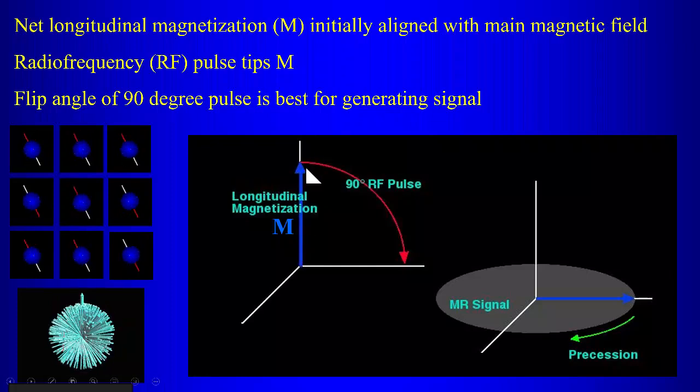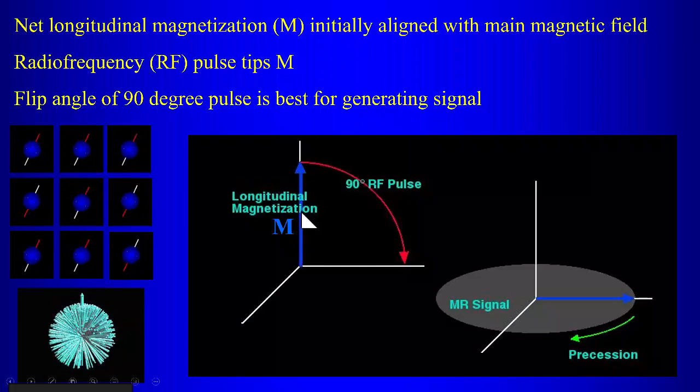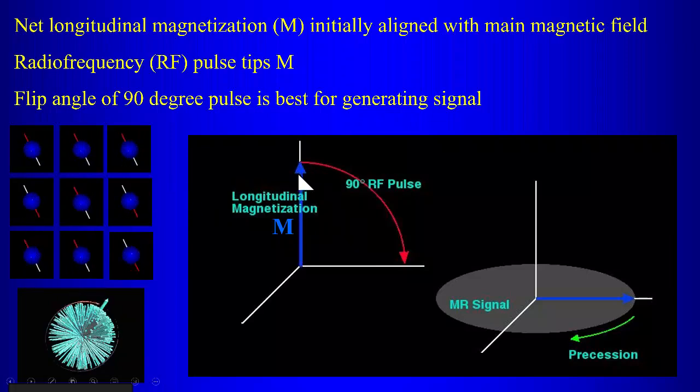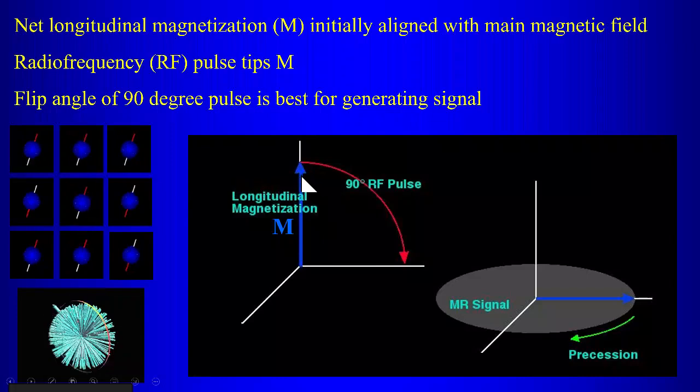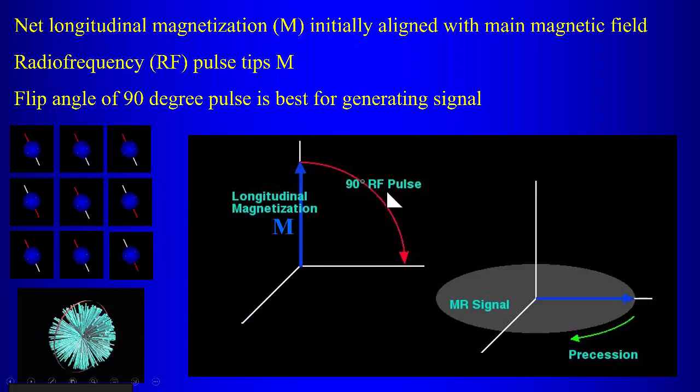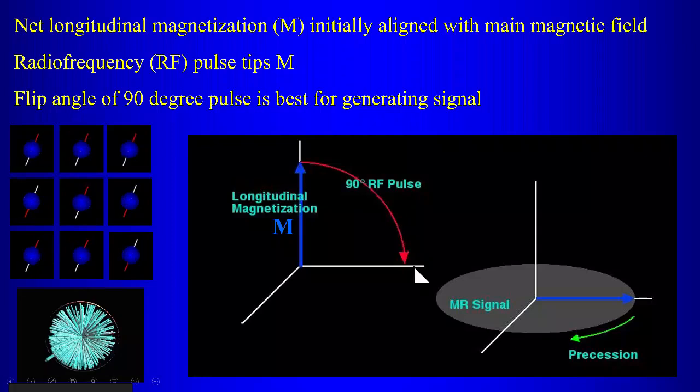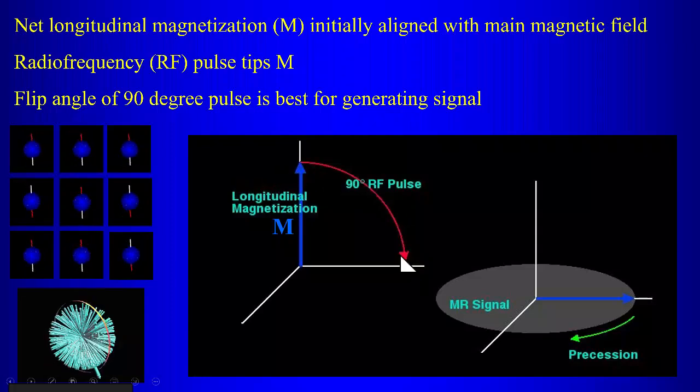And then, to simplify it and not worry about the spinning and all, we're going to apply radio frequency pulses, and we can think of these radio frequency pulses as tipping this main magnetization vector over this way into the horizontal plane. And that's what eventually is going to give us signal.